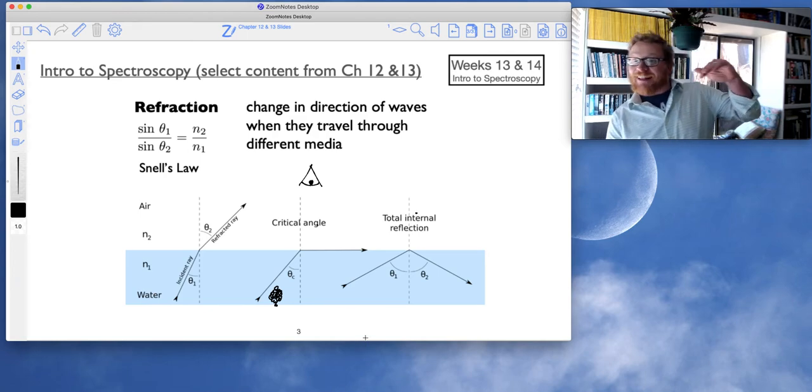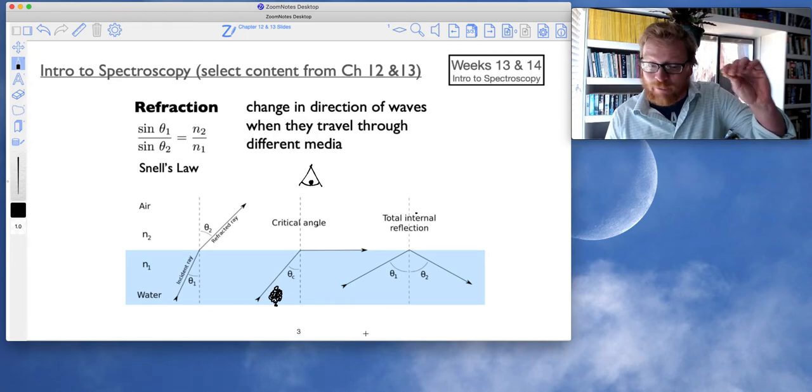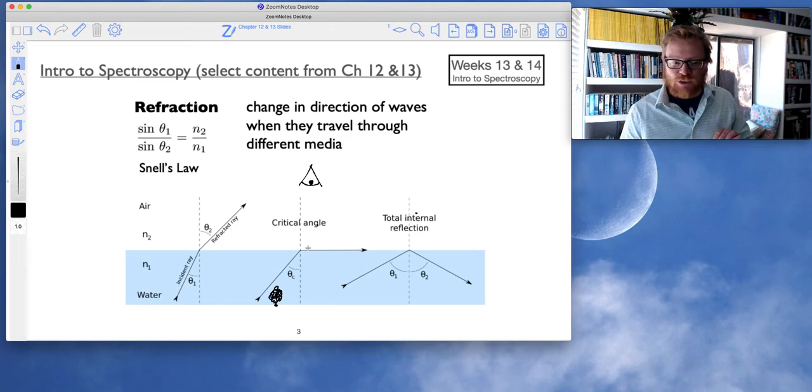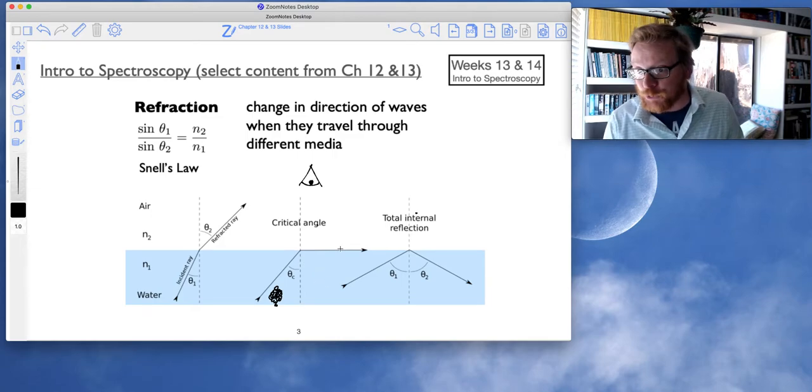If I was looking at this critical angle, it would appear that it was not there, right? The light coming off of that surface does not make it out of the medium, and it would appear as if the object were not present. So that's what's called an optical illusion. Okay?